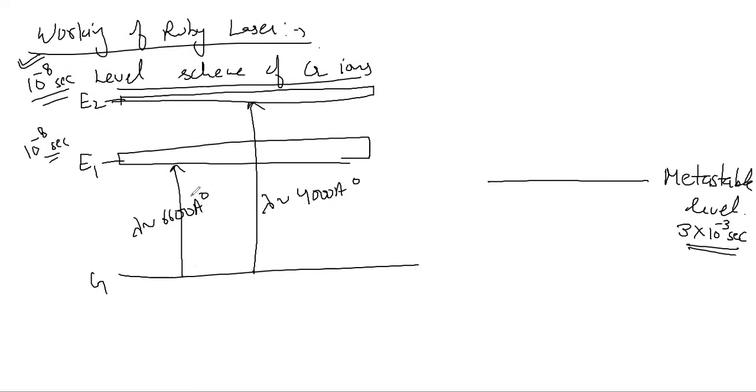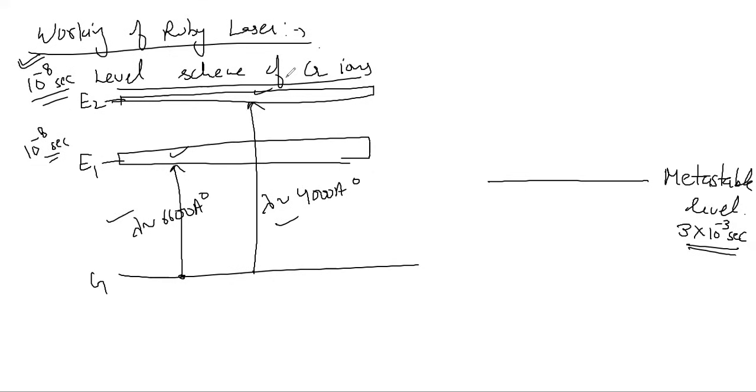So when you switch on the xenon flash lamp, these wavelengths will be produced, and these wavelengths will be absorbed by the chromium ions, and your chromium is going to be excited from the ground state to the excited states here.